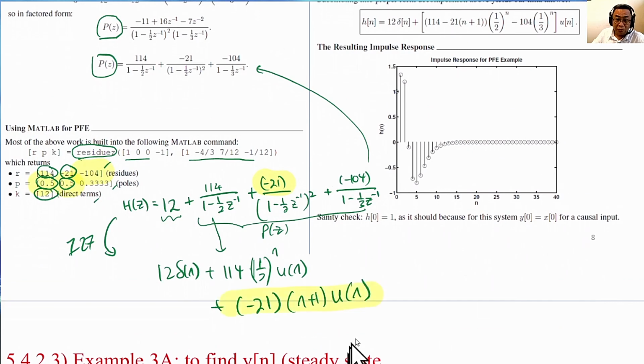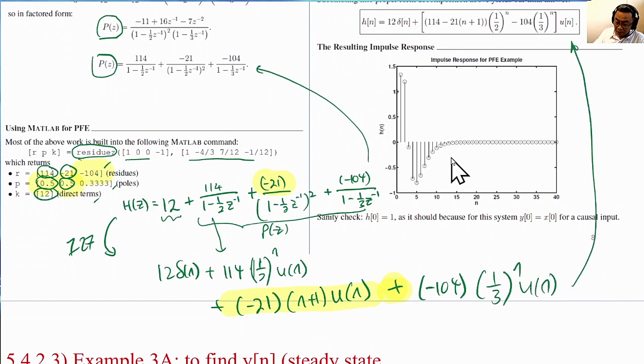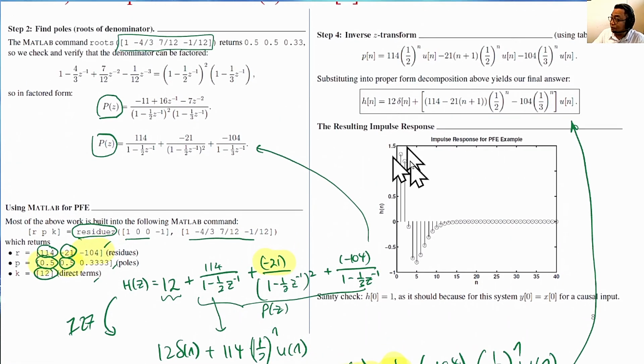We do not expect you to know how to do this. There's no lookup table for this, but you can check it by yourself later with the lookup table. And the last one is minus 104 times 1/3 to the power of n, u[n].